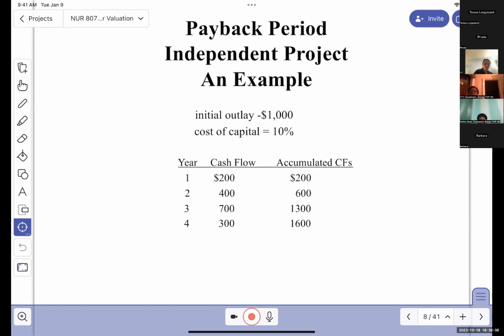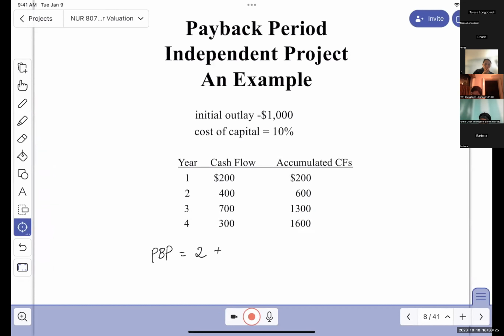So let's figure out how to do that together. We're going to call it the payback period, and it's going to be 2 years plus something, because it's in the third year after the second.